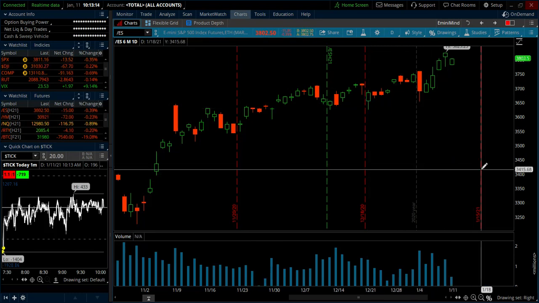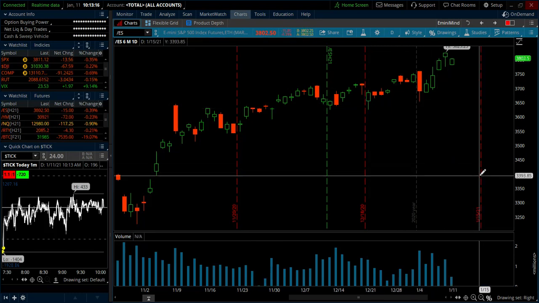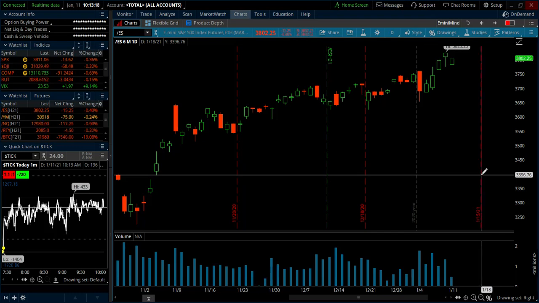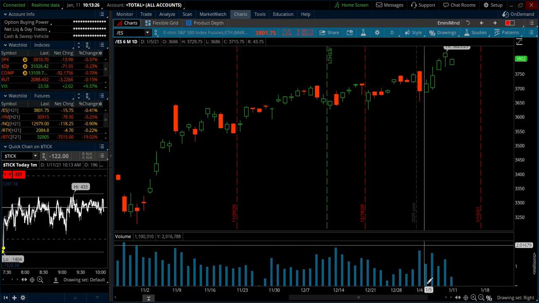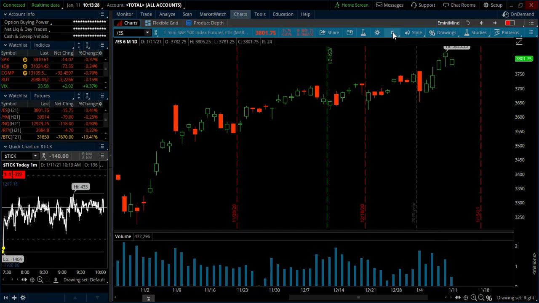As a general concept, rather than trying to pick tops, I prefer to let the market change trend and then get in on a new short if the trend was up.